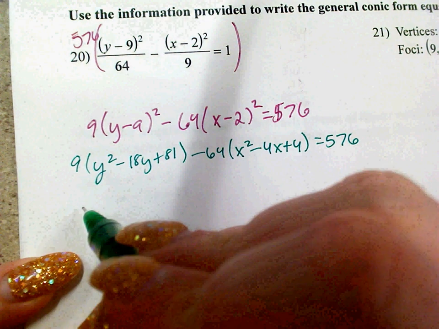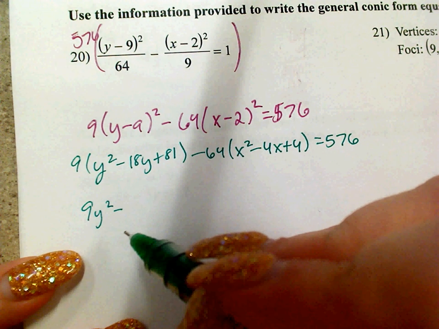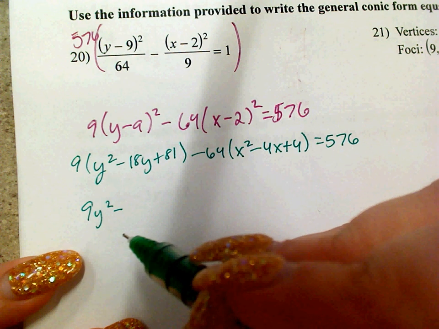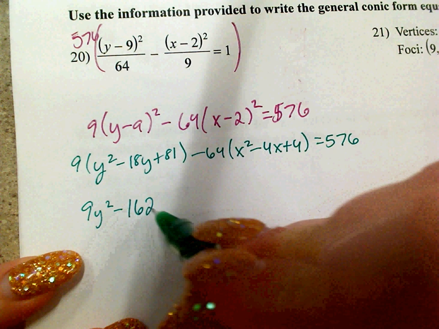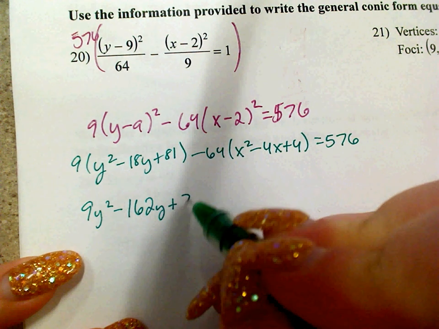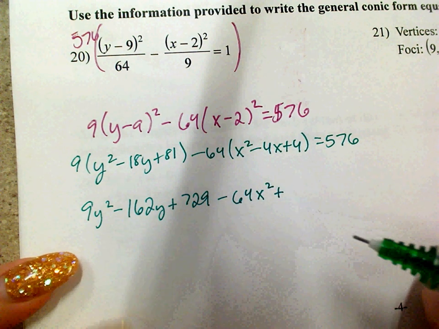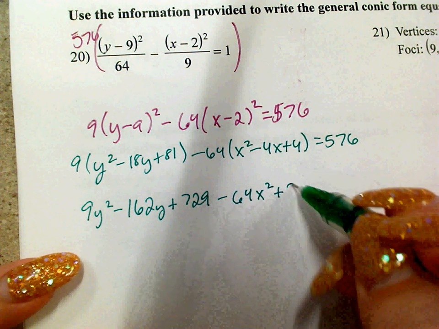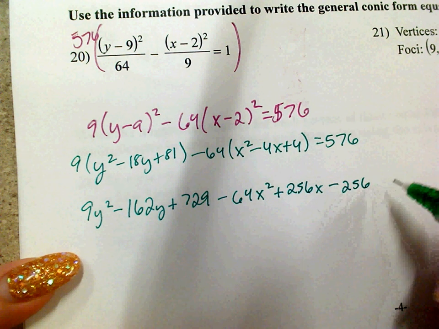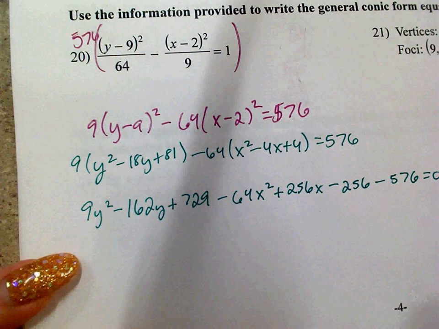So I've got 9y squared minus, what's 9 times 18? 90 and 72, so 162. So minus 162y. 9 times 81 is 729. Minus 64x squared plus 256x minus 256 minus 576 equals 0.